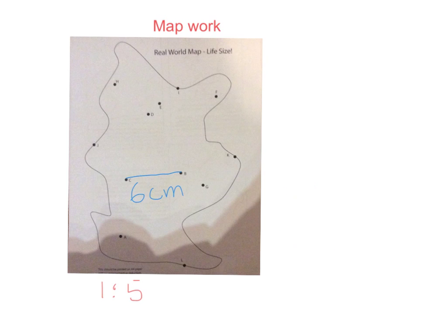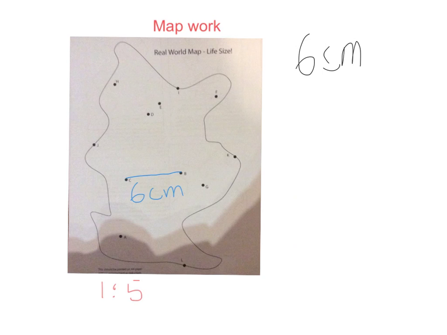Map work is my favorite. All you have to do is read the scale of the map. In this particular map, it says that 1 centimeter, or 1 unit on the map, is 5 units in real life. So if we assume that from point C to point B I measure 6 centimeters, we need to work out the distance in real life.